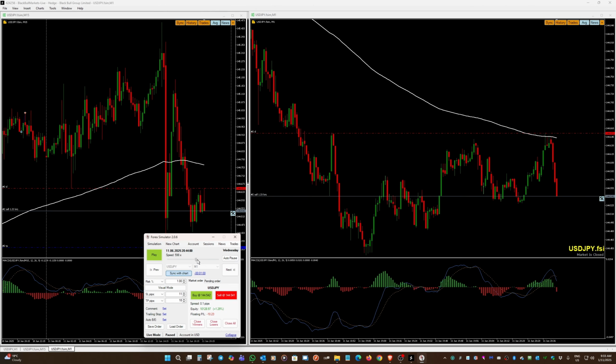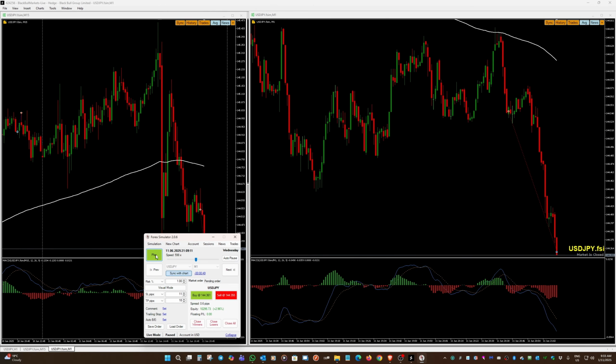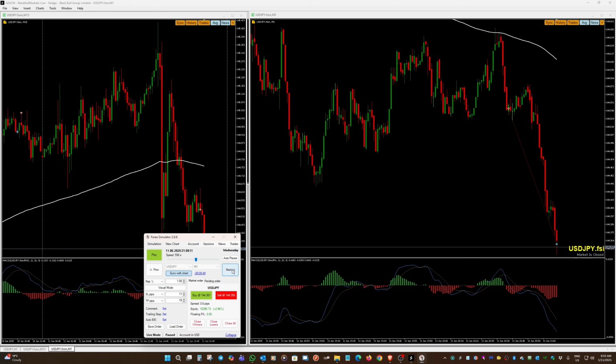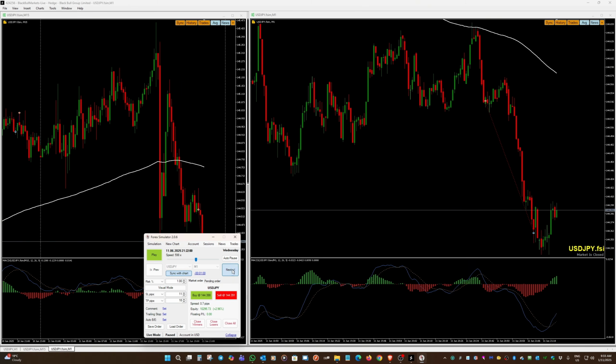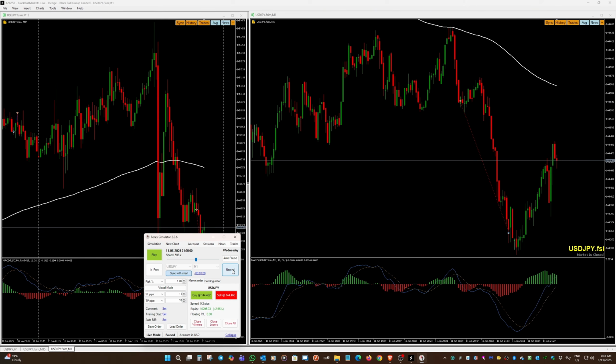Let's see how that one plays out. And again, that one hit our target. I think it could have actually gone even further, but it worked out to be an almost perfect exit on that one anyway. So we've got our 1.5R.